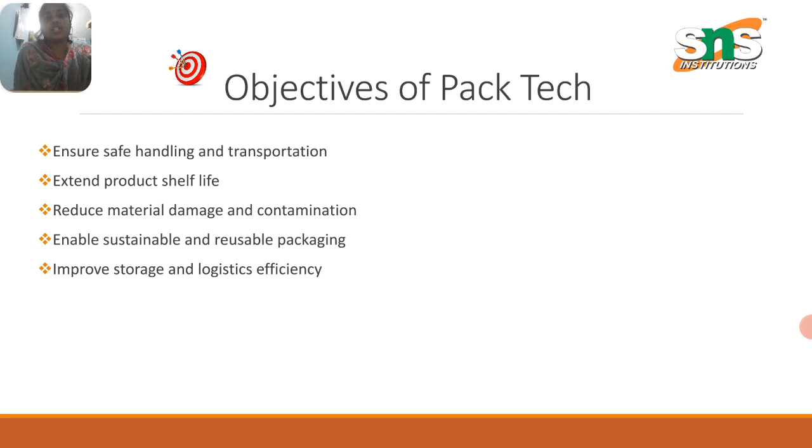So, it is about logistic efficiency, so that if we transfer to various places, it stays in good condition. So, the main objective is to ensure safety and transportation facilities. If we transfer products, the main concept is to have safe transport.